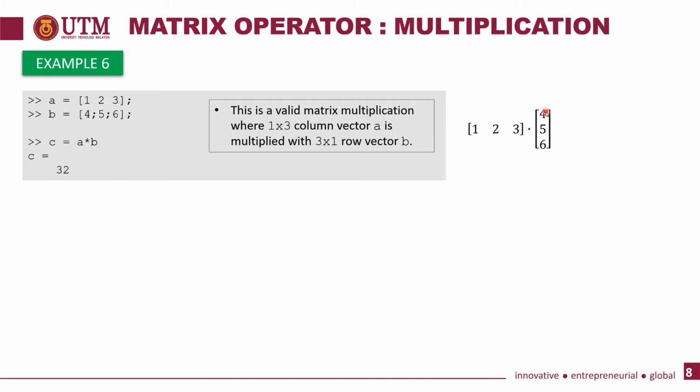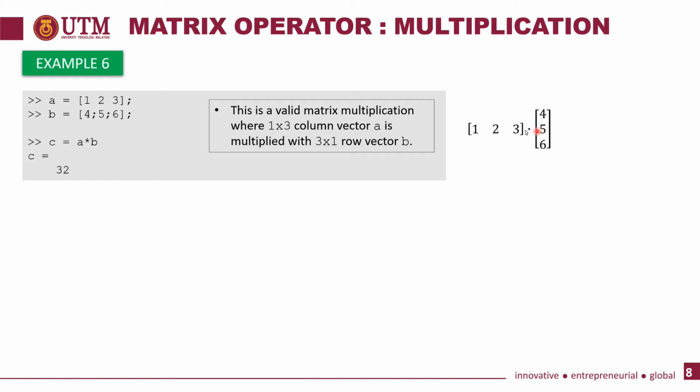In the matrix operator, in order to execute this operation, you must have an equal number of columns in the first matrix and rows in the second. Right now we have 3 columns in matrix A, and it must equal the number of rows in matrix B. So matrix A has 3 columns and matrix B has 3 rows, so in this operation you can multiply them.